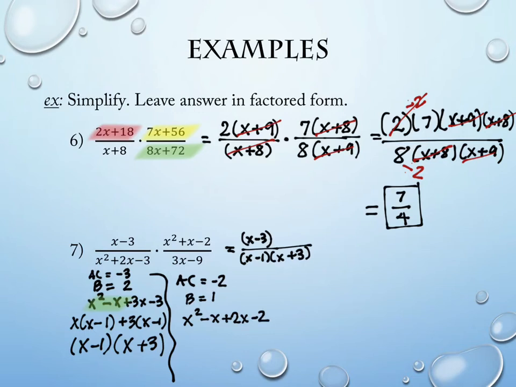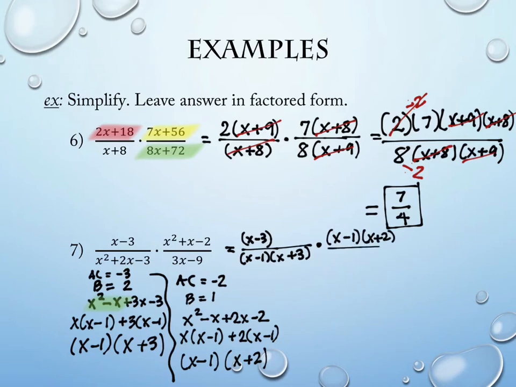It feels like the other one. Pull out an x, and I have x minus 1. Pull out a 2, and I have x minus 1. So there's an x minus 1 and an x plus 2. So my second fraction is x minus 1, x plus 2.